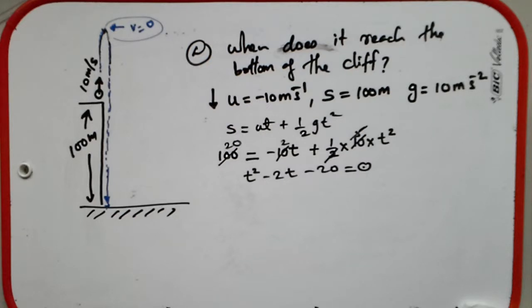Equation, degree 2. Because this is degree 2, the coefficients are 1, minus 2 and minus 20. So this is the answer I'm getting.